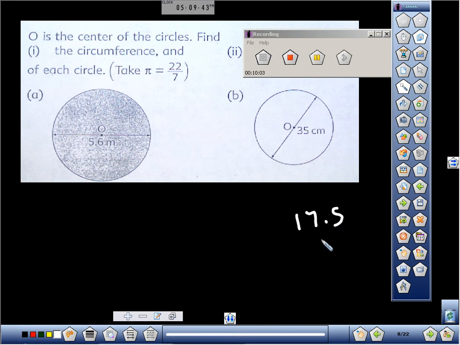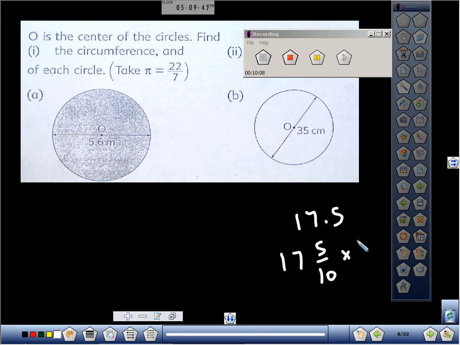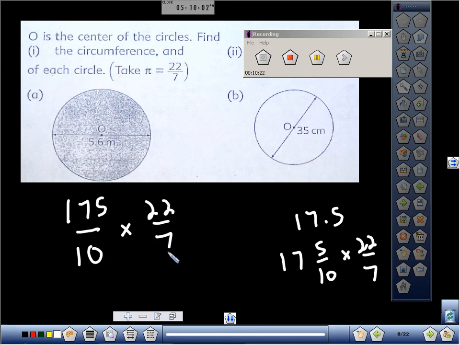So now I got to go 17.5, which is 17 and 5/10, times 22 over 7. 10 times 17 is 170, plus 5 is 175 over 10, times 22 over 7. 2 goes into this 5 times, 2 goes into this 11 times.